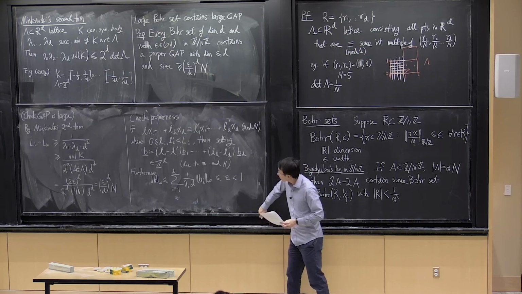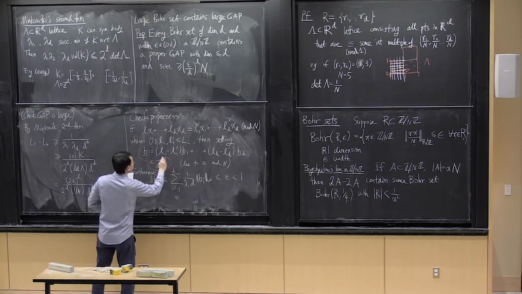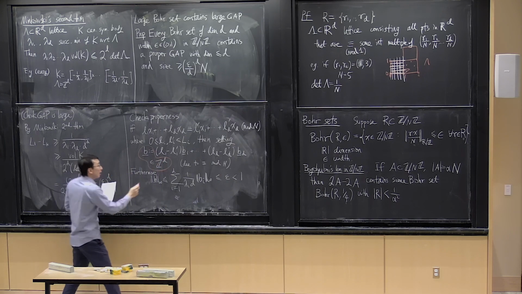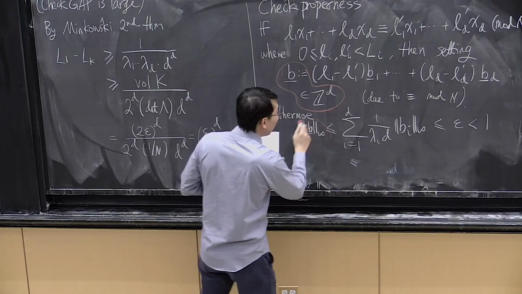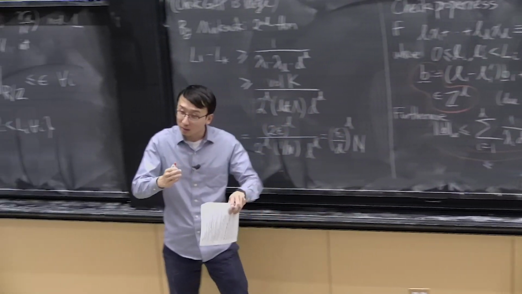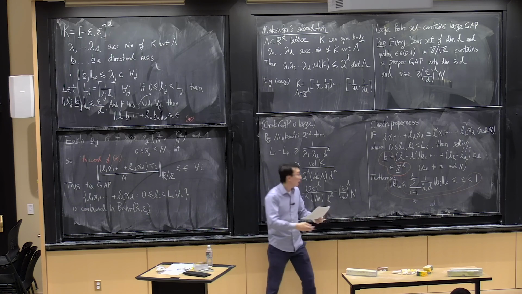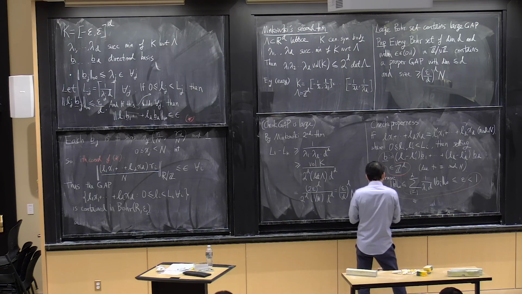So you have some vector B, which is an integer vector, such that all of its coordinates have L infinity norm strictly less than 1. That means that B is equal to 0.